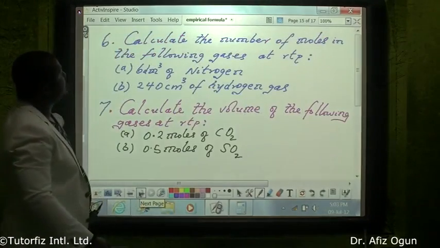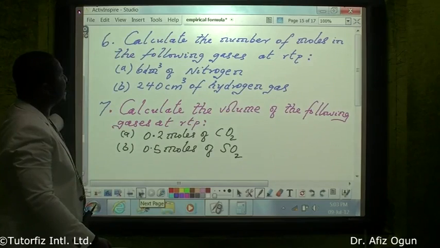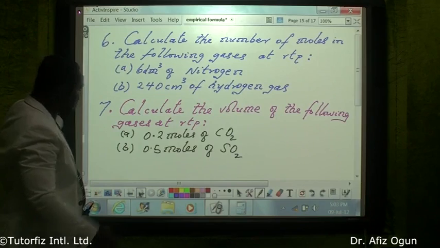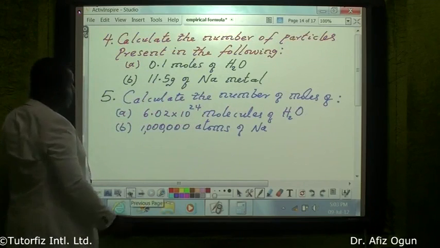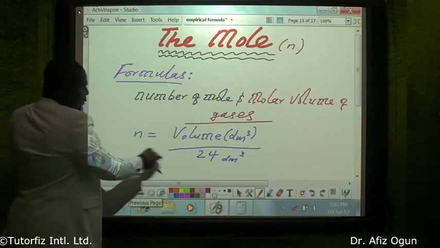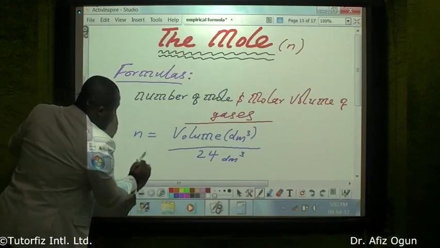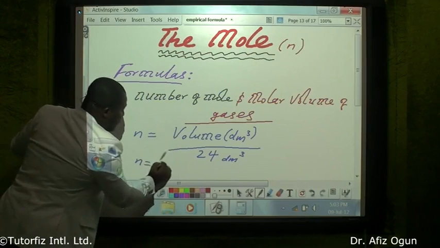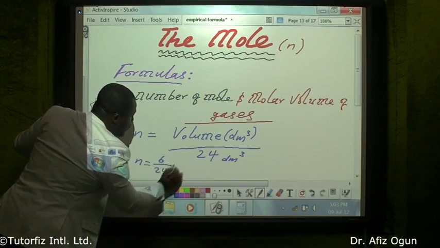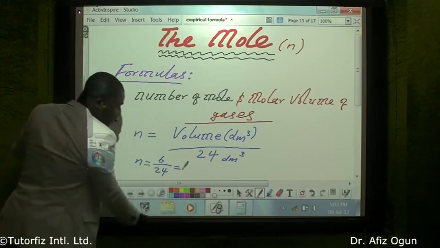Calculate the number of moles of the following gases at room temperature and pressure. 6 dm cube of nitrogen. The number of moles, n, equals 6 divided by 24. What is 6 divided by 24?